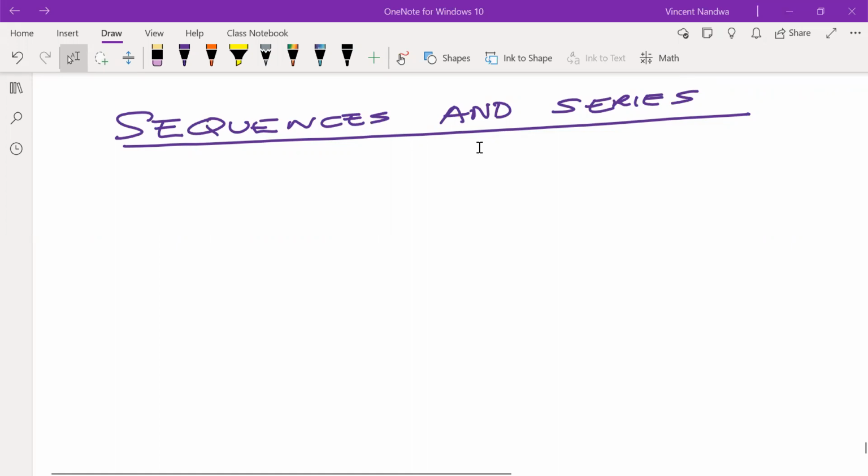A sequence is simply a set of numbers which are arranged in order that is governed by a certain rule. Starting definition.